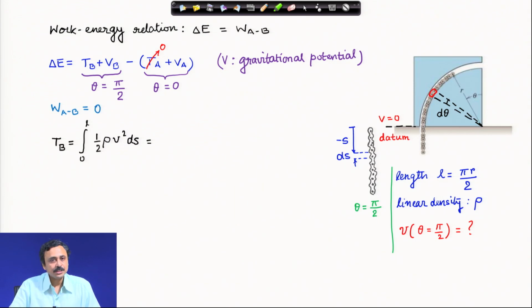Now, we calculate the kinetic and potential energies at the two configurations A and B.